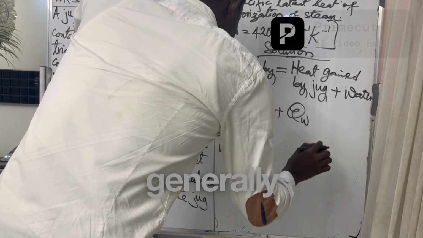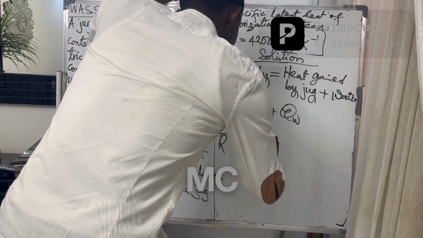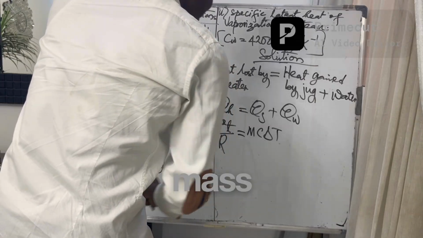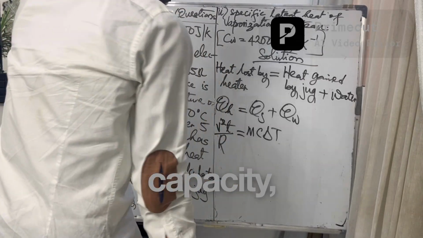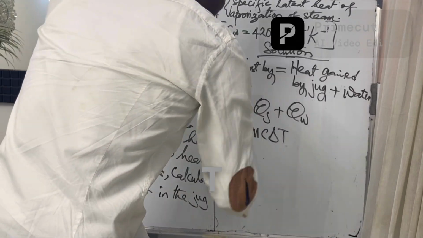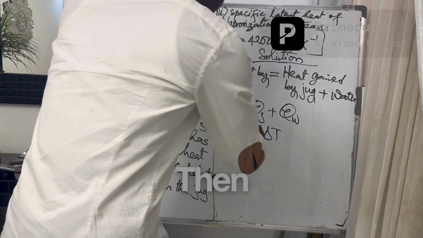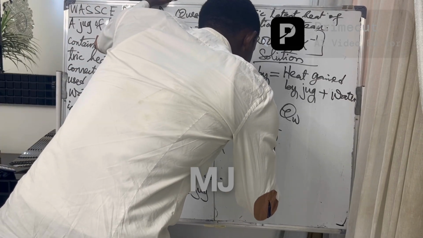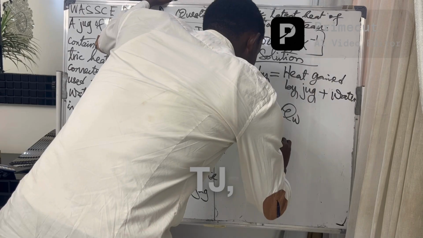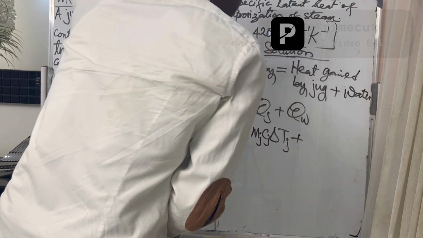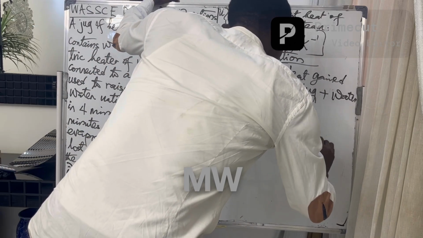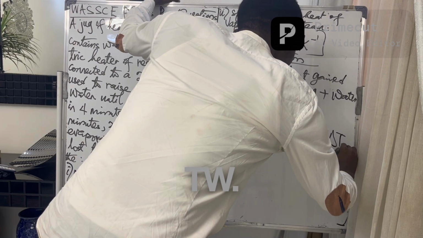Remember, generally from our formula MCΔT, where M is mass in kilograms, C is specific heat capacity, ΔT is temperature rise or change. Then for the jug, I'll be saying MJ CJ ΔTJ, and that of water, the heat gained by water, will now be MW CW ΔTW.